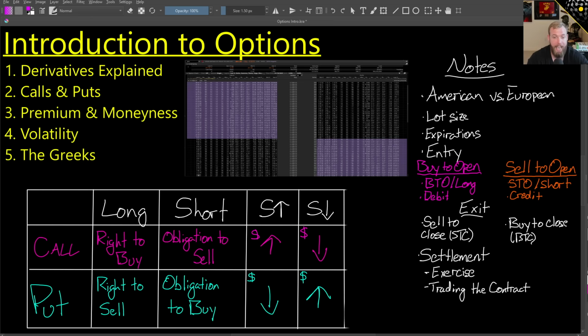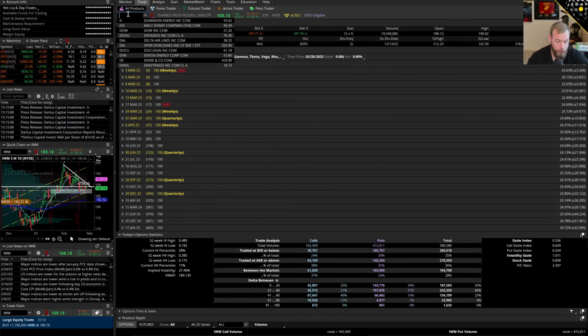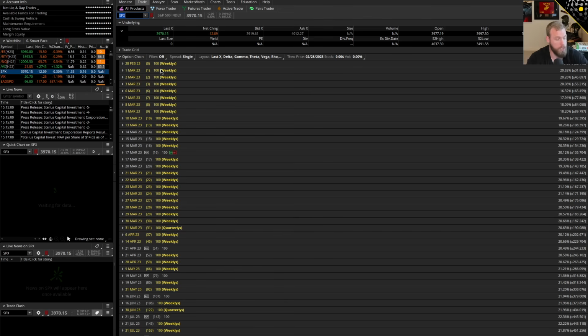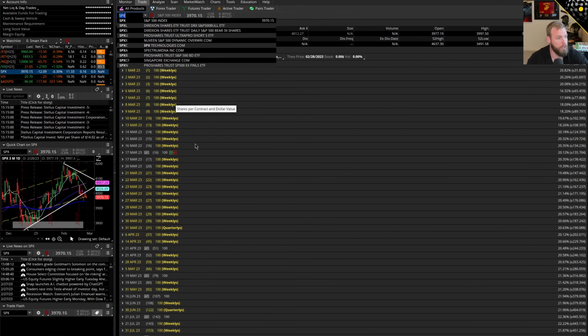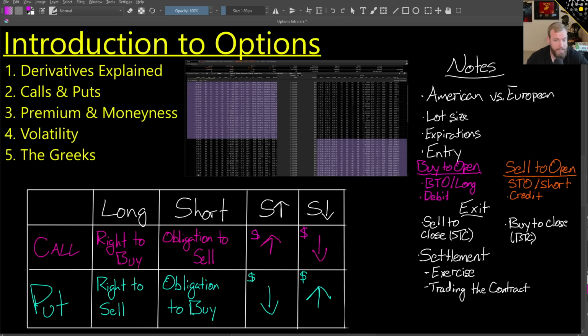There are AM expirations, meaning in the morning. So you have to be careful with what you're looking at. There's not a ton of products that work that way, but there are some. So if we look at SPX, notice how this one says AM. That means in the morning. So some slight differences in there.